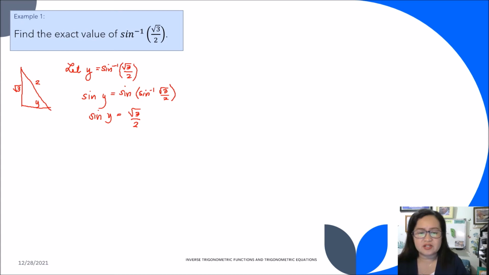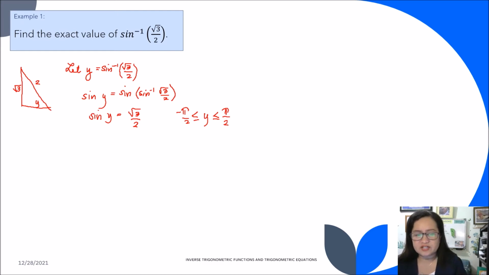Remember that the range of the inverse sine function is from negative pi over 2 to positive pi over 2.